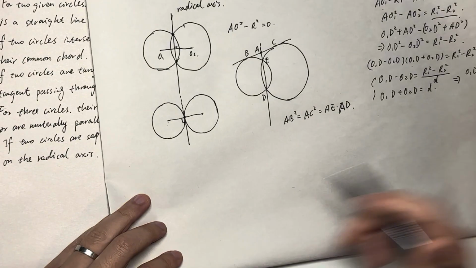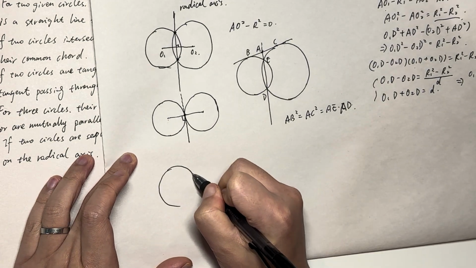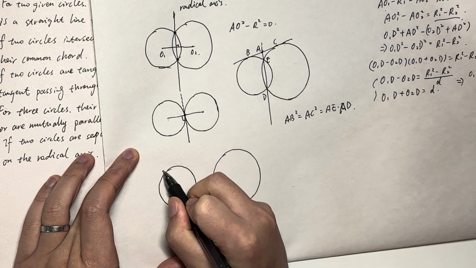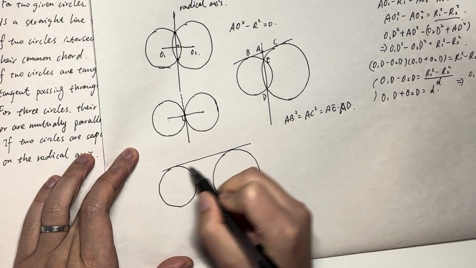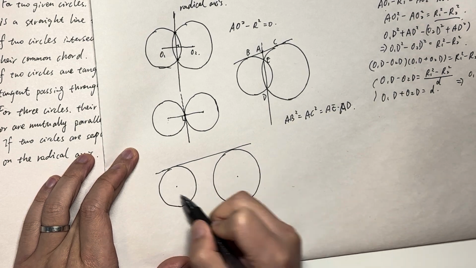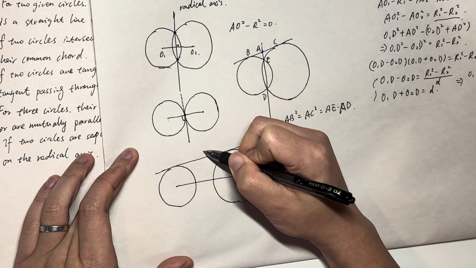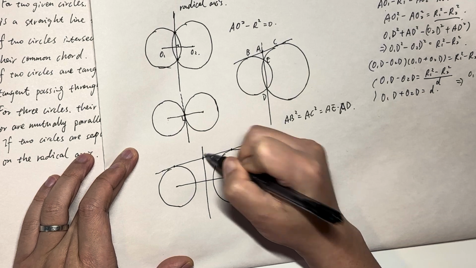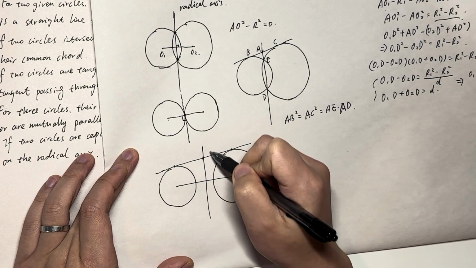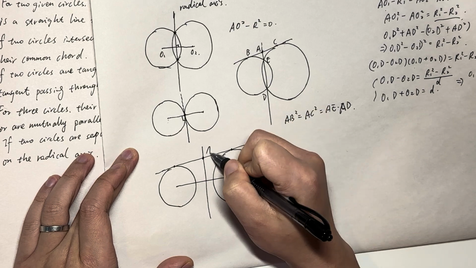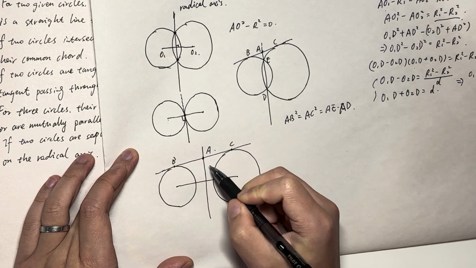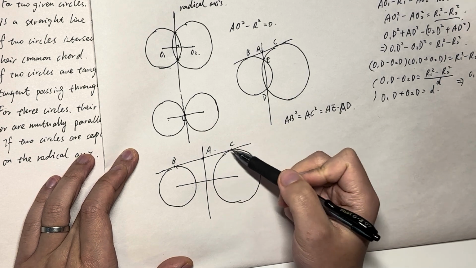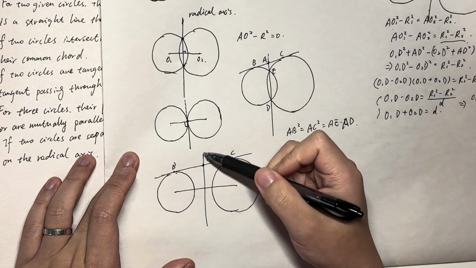Okay, so similarly for the separate case, that is one common tangent. Just because it's the midpoint, which means from this midpoint, let's say it's A, to B and C, AB squared equals AC squared, right? That's the definition of a point on the radical axis.